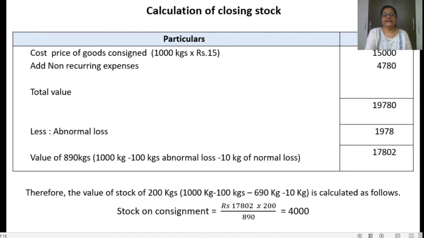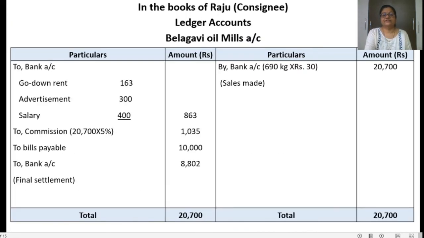Okay. Next we have seen this calculation. Now in the books of the consignee you are going to prepare the consignor account. So here the consignor is Belgavi Oil Mill account. In that they are going to show the expenses done by the consignee for the consignment. That is to bank all the consignee expenses, 863.